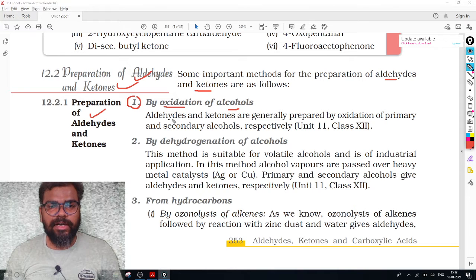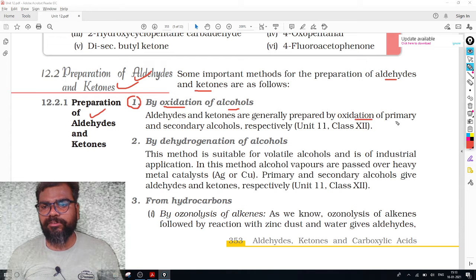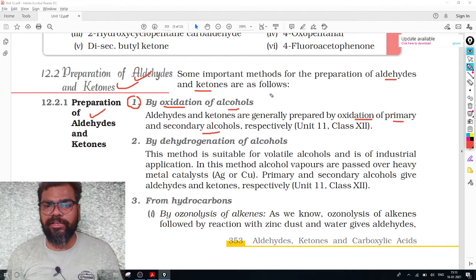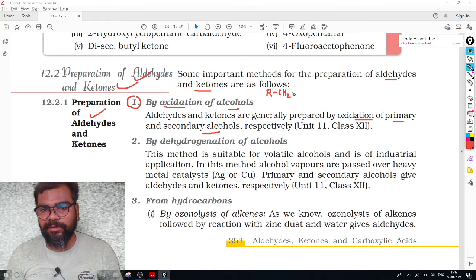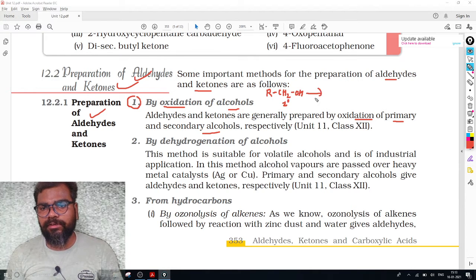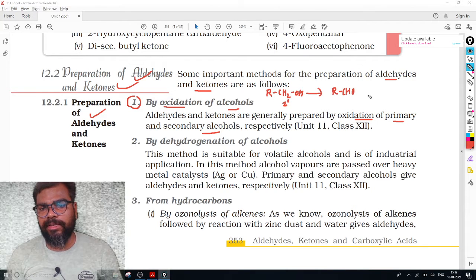Aldehydes and ketones are generally prepared by oxidation of primary and secondary alcohols respectively. Suppose you have taken RCH2OH, that is a primary alcohol, then you will get the aldehyde.